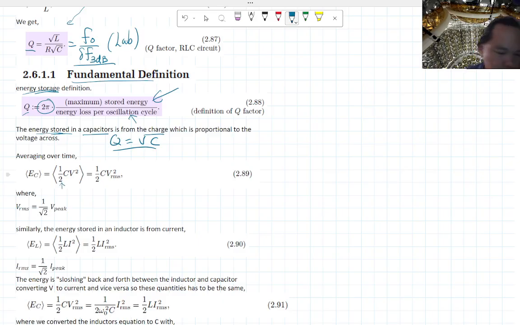This 1/2 comes from the fact that if you're sending in a sine or cosine signal, the energy is proportional to the voltage squared. When you square a cosine function, you shift the whole function up by 1/2 the amplitude.